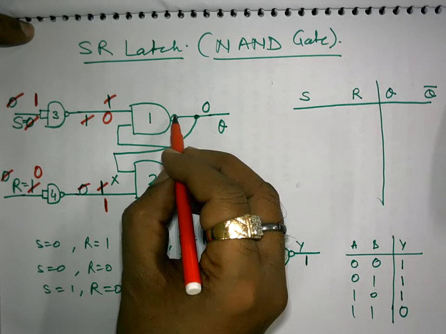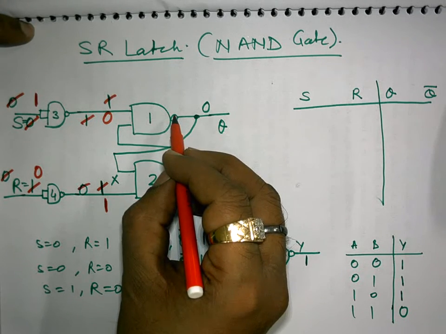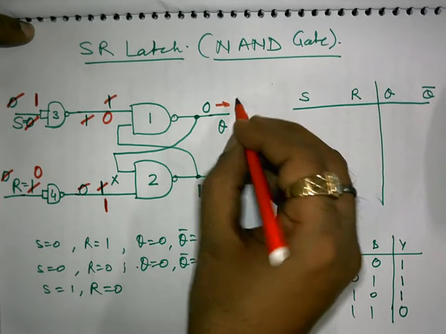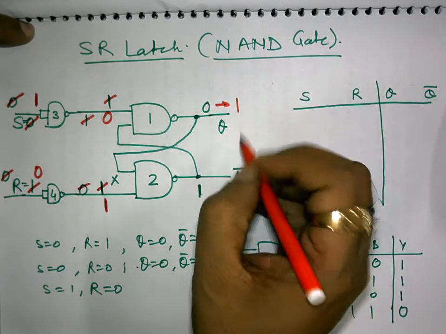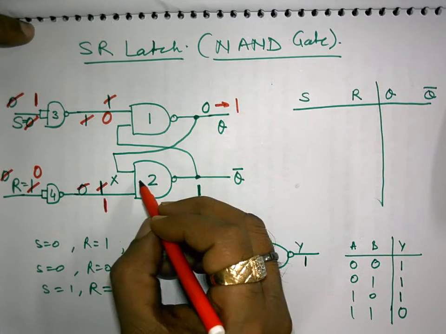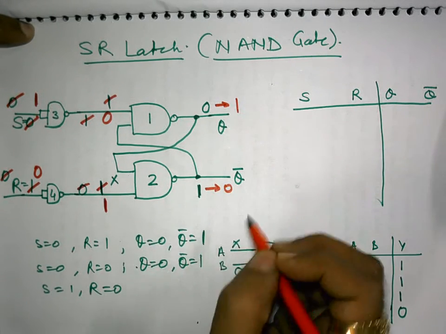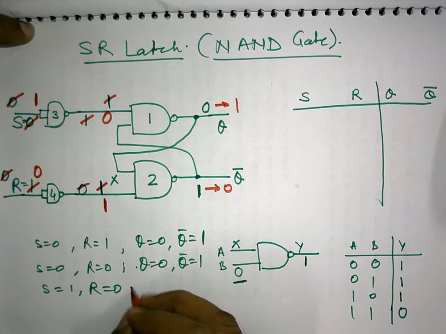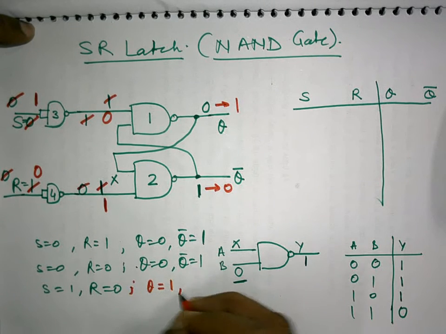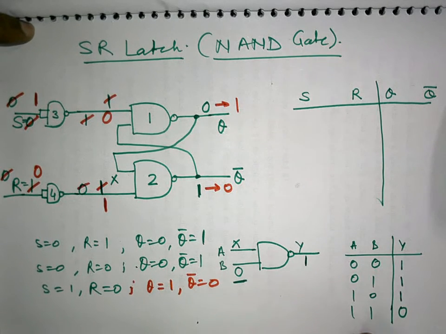Who is going to make the output change? This 0, and this will make this 0 a 1, and now this 1 is fed back and applied over here, and this makes it 0. So Q becomes 1 and Q bar becomes 0.